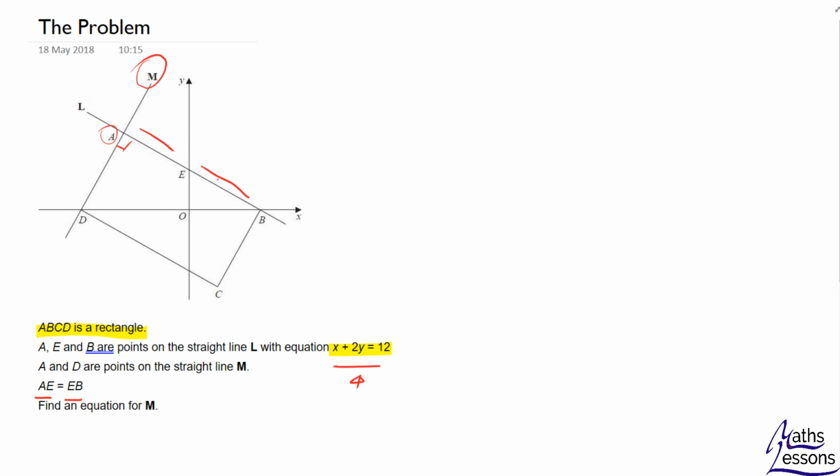Because we know this distance here, EB, is the same as AE, we can then find A, because we can find the point B, because it's where it crosses the x-axis. We can find the point E, because it's where it crosses the y-axis. So therefore, line L crosses the x-axis when y equals 0, remember? So if y equals 0, we've got x plus 2 times 0 equals 12.